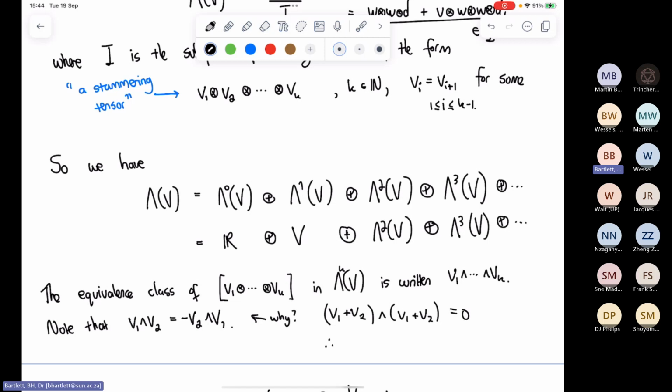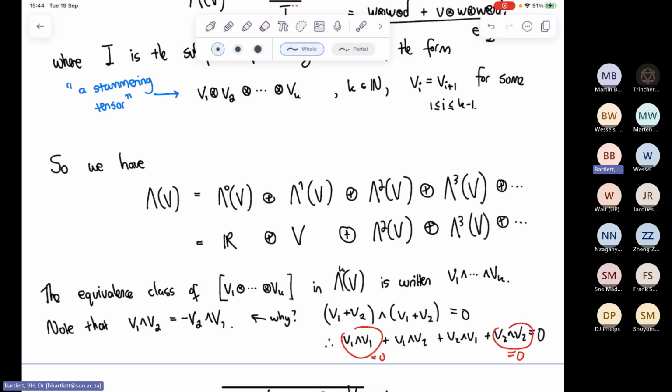So if I multiply this out, this is saying that V1 wedge V1 plus V1 wedge V2 plus V2 wedge V1 plus V2 wedge V2 is equal to 0. And this guy is also equal to 0. And this guy is equal to 0 because they're stammering tensors. So then that means that V1 wedge V2 must equal minus V2 wedge V1.